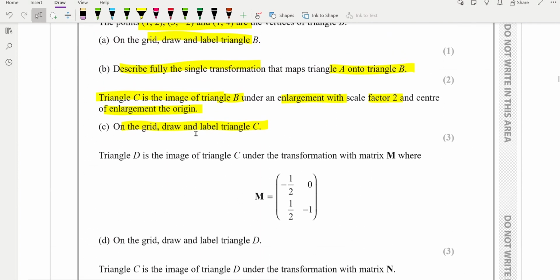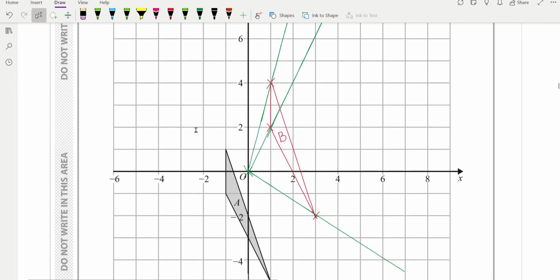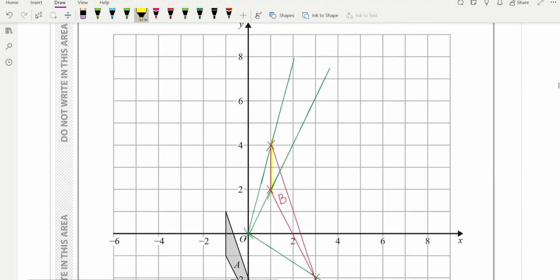Scale factor is 2, so we can check from here, this measurement is 2 units, we need to change it to 4 units. So 1, 2, 3, 4 units.